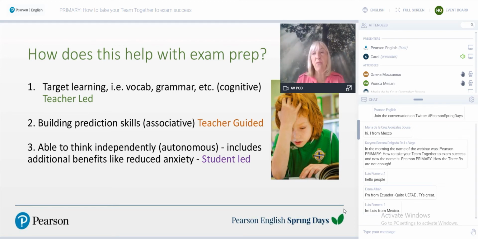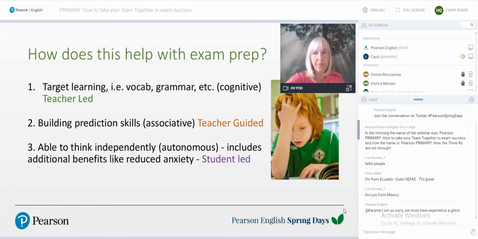Associative would say, if I held up a picture and it said shop, some students might say it's a greengrocer's shop and list fruit and veg. Some students might say it's a clothing shop and list jeans and dresses and socks and jackets and things. But they can associate one picture with a variety of word groups because we've done our job.